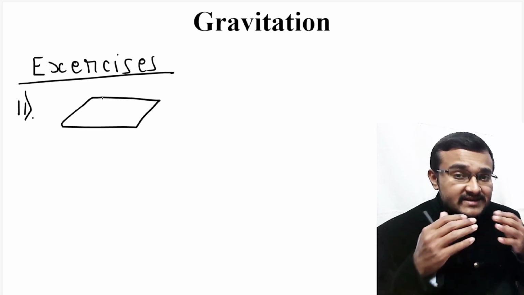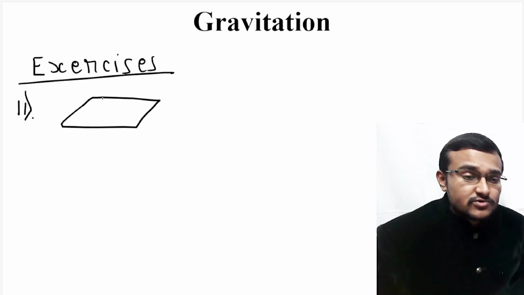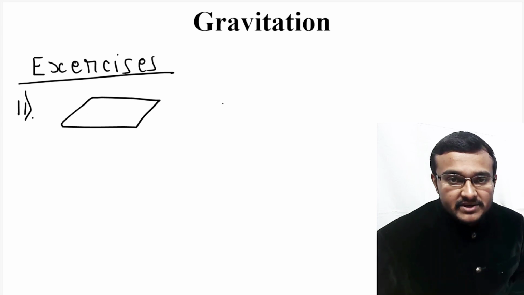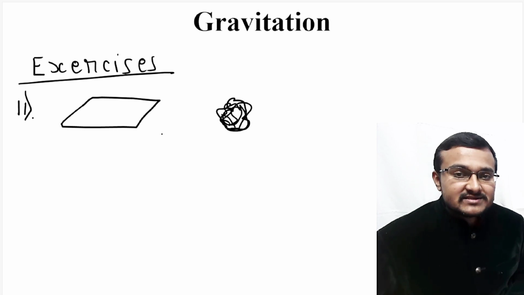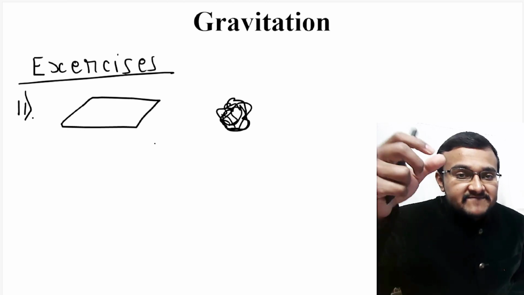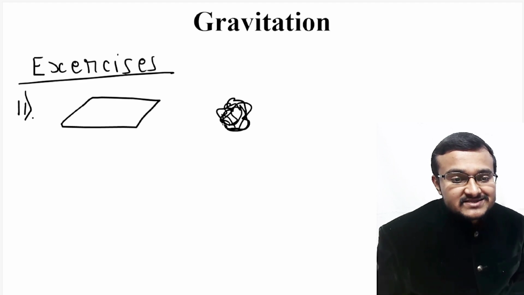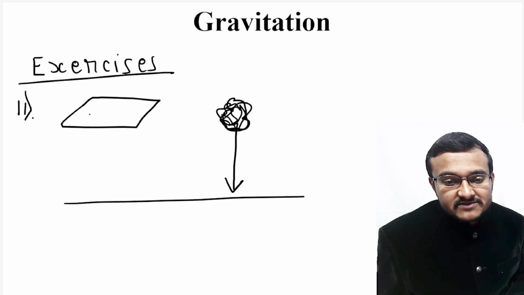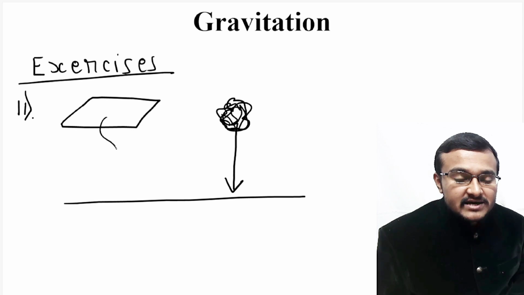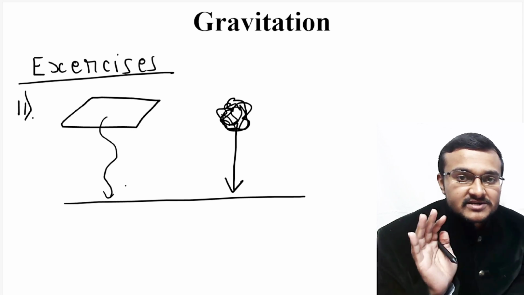So in this question, in normal atmosphere, if you drop a particular paper and if you crumple this paper into a ball like this, and both of them are dropped towards earth's surface, then you can see that this particular crumpled paper will fall immediately onto the earth's surface, but this paper will float around in the air and slowly it will fall onto this particular earth surface.